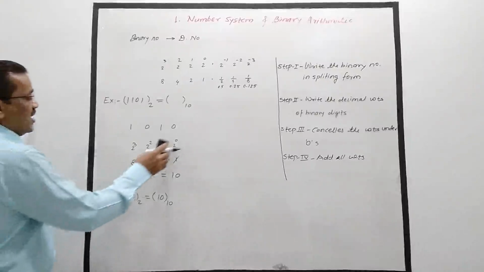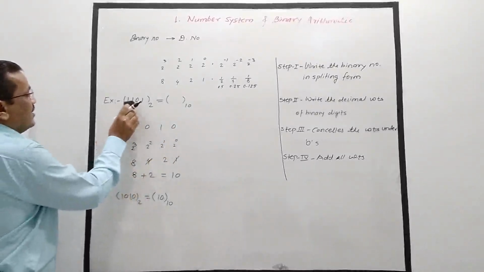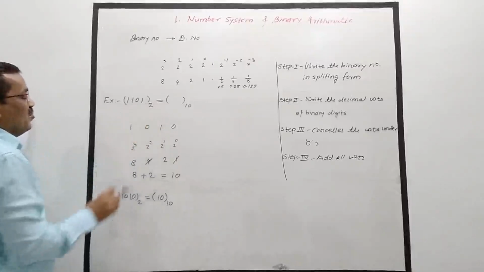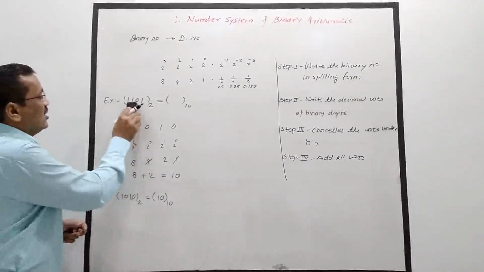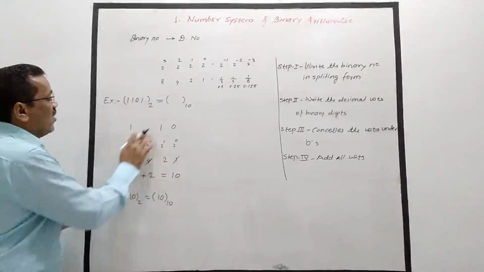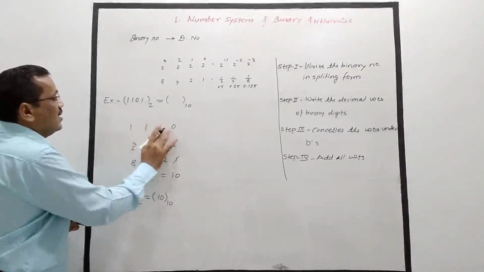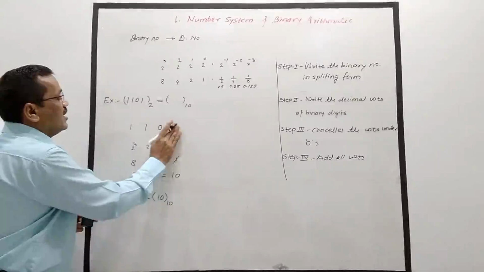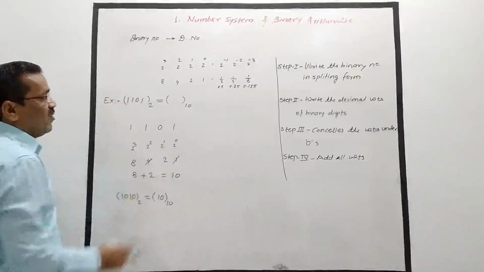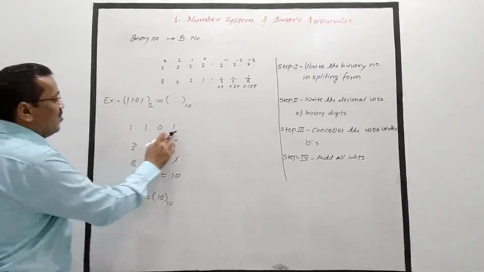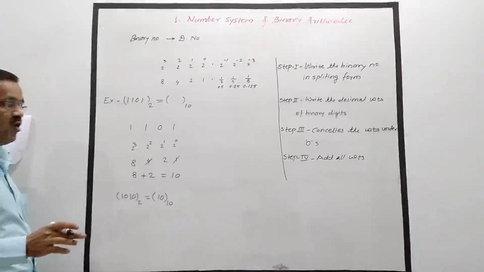Now first step is what? Write the given binary number into its splitting form. Now this is 1, here it should be 1, here it should be 0, and here it will be 1.